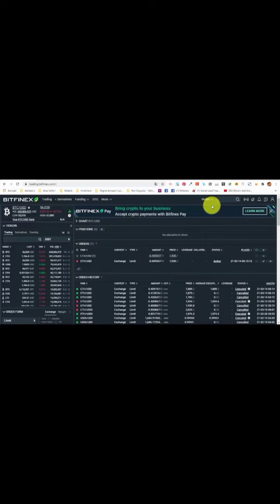is deposit some money into your Bitfinex wallet. Okay, basically Bitfinex is a platform where you can deposit money like euro, USD, or pounds in order to buy cryptocurrency.